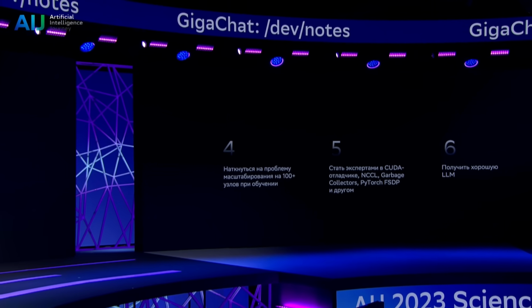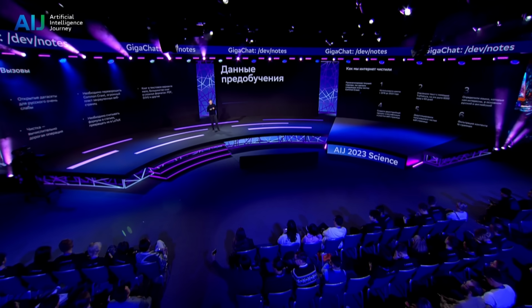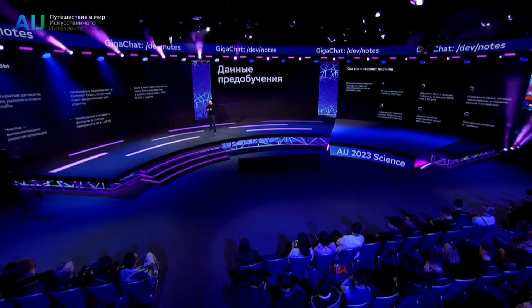And there are many engineering problems that appear even when you use supercomputers. We have become experts in CUDA and improvers in PyTorch. We looked at garbage collectors on the video cards, on the GPUs, and we have gone through all of these barriers, and we were able to get a great language model.